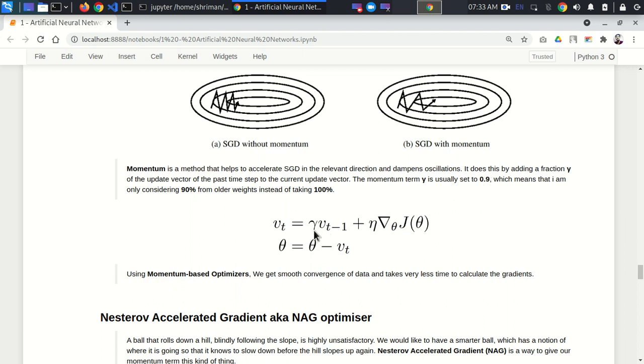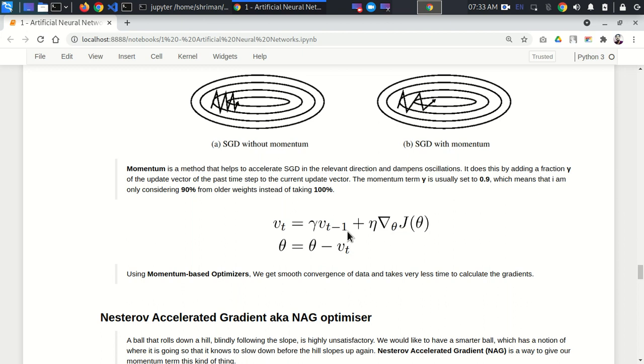This gamma will have a value between 0 and 1, maybe 0.9, maybe 0.8, maybe 10%, maybe 20%. Whatever value it has, in that amount we are going to consider the older weights. And where are the older weights? This V(t-1) is your older weights, meaning the weights from your previous iteration.